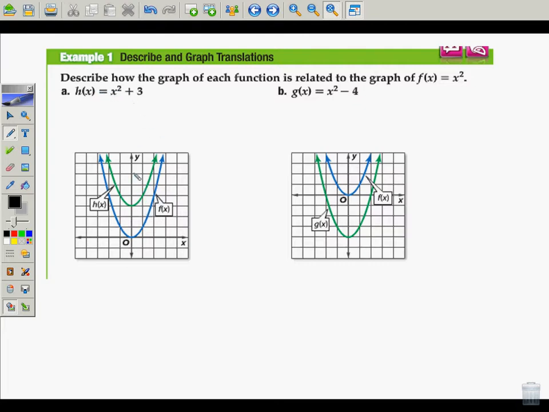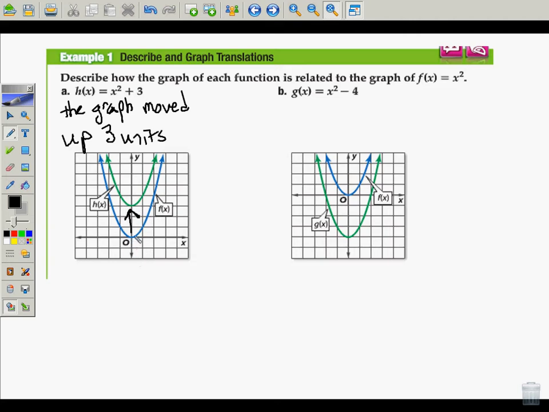You can see we added 3 outside of parentheses, so the graph moved up 3 units. Because I added 3 to x squared, I took x squared and I just slid it up 3 units. Notice, it just changes my vertex, it moves up 3 units.